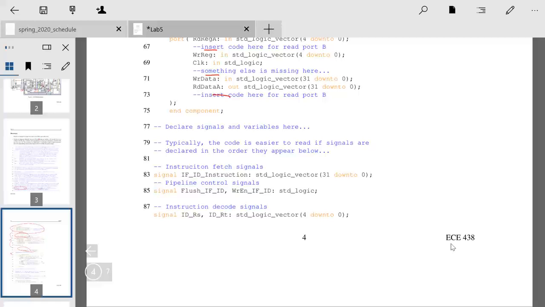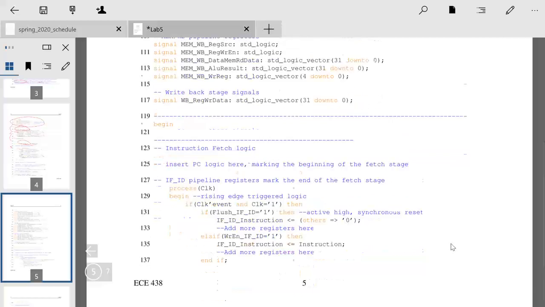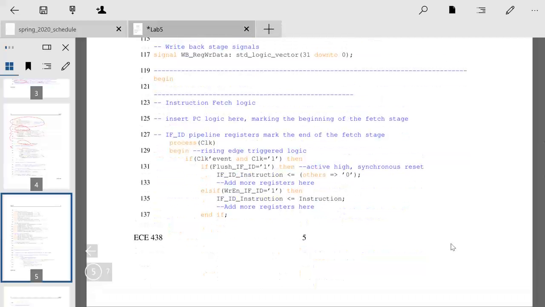What I do a lot of times is I don't really declare signals until I'm actually writing the code. So I'll jump down to the section where I start filling in the code, and when I need to describe a new signal, I go up into my signal declaration and put it there. That's why they naturally end up ordered in the order in which they first appear, because that's usually how I fill that section out.